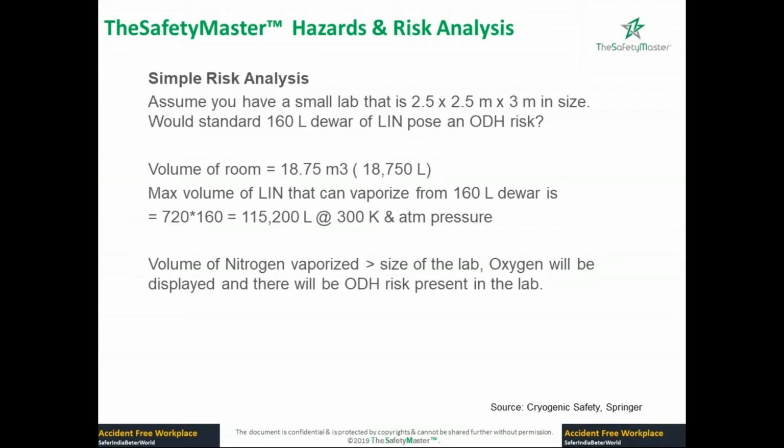Yes, because the volume of the room is 18.75 cubic meters. The volume of nitrogen vaporized from 160 liters is 115,200 liters at 300 Kelvin and 1 atmosphere pressure. So the volume of nitrogen vaporized is much bigger than the size of the lab, oxygen will be displaced, and there will be an ODH hazard in the lab. Are you getting it?